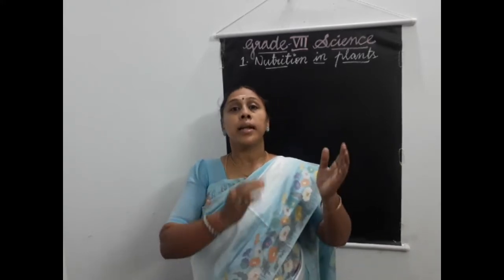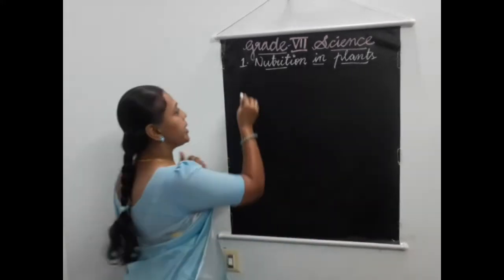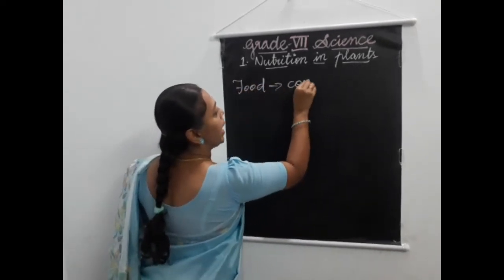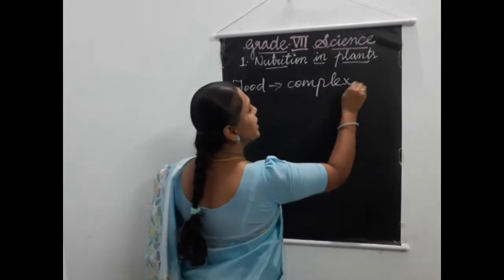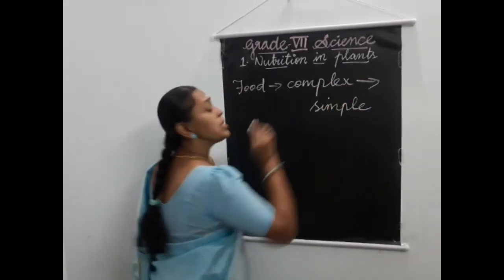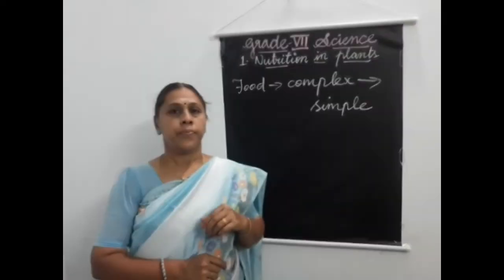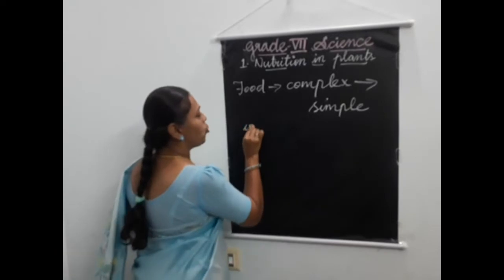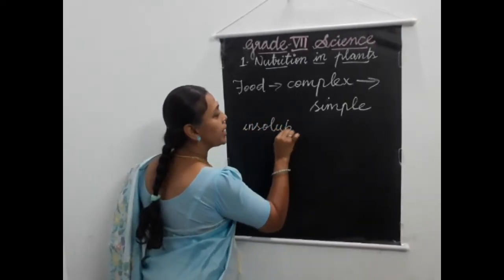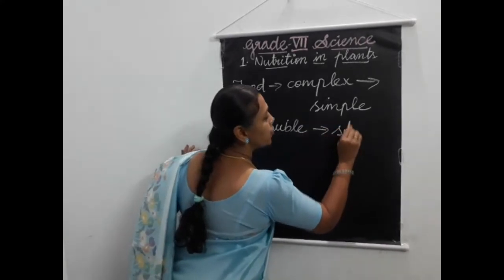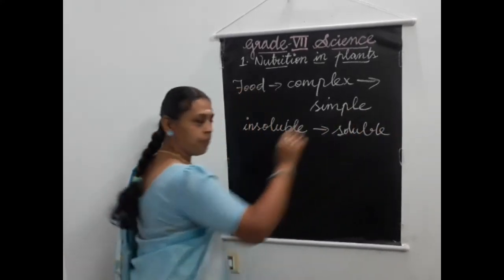That food we are eating is complex food, and this complex food should be converted into simple food. That means the insoluble food should be converted into soluble form.